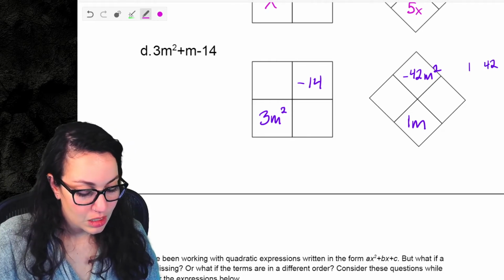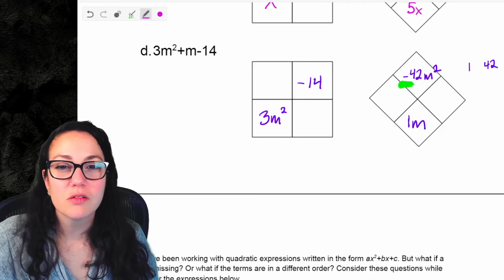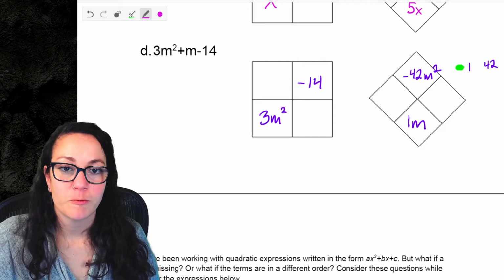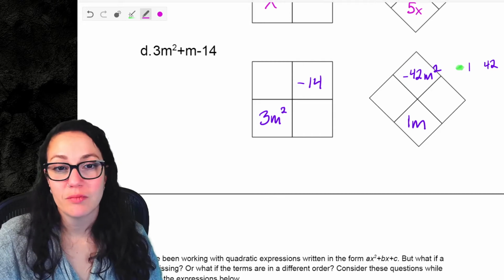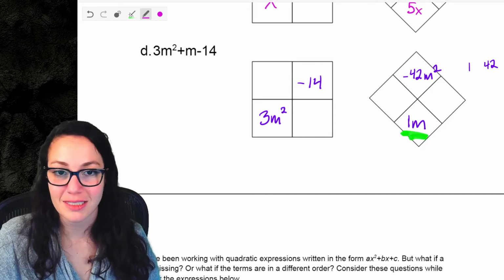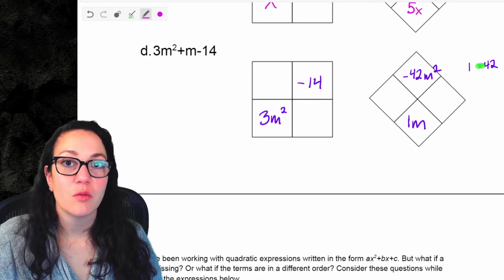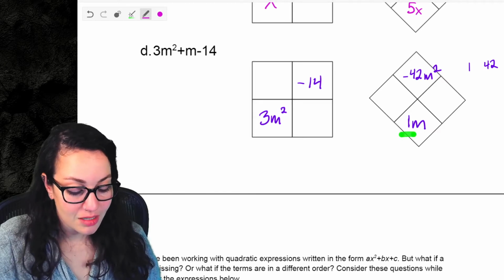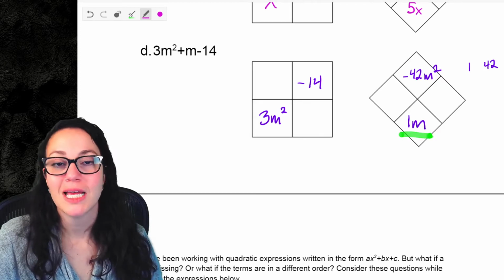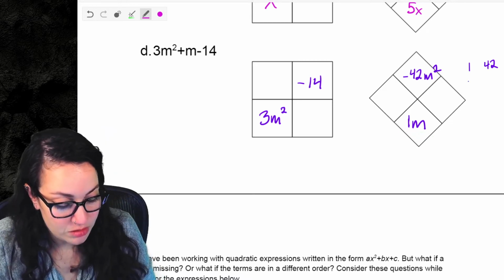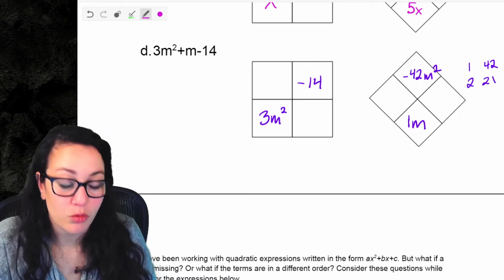Now, this is negative, so one of those has to be negative. If 1 was negative, they would add together to make 41. But that's not 1, so that's not what we're looking for. If 42 was negative, they would add together to be -41. Still not +1, so it's not going to be 1 and 42. 42 is even, so it is divisible by 2, and that would be 2 and 21.